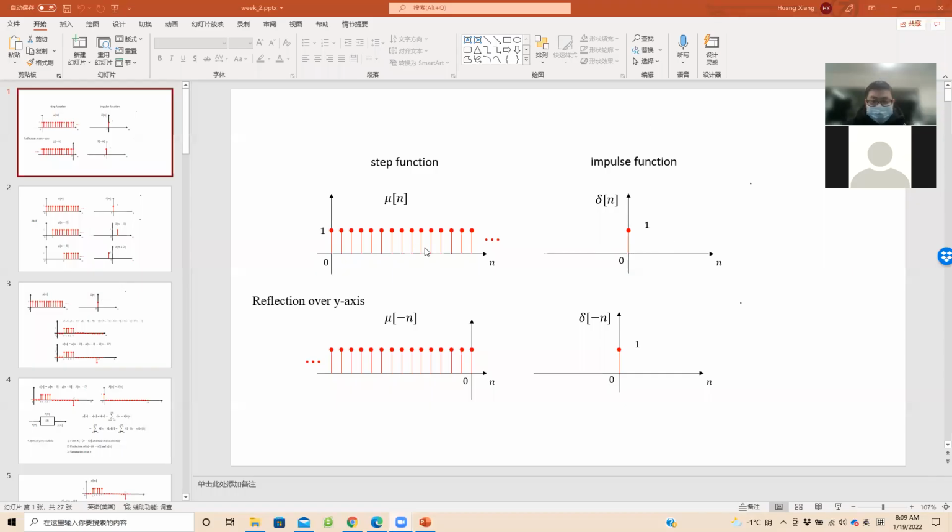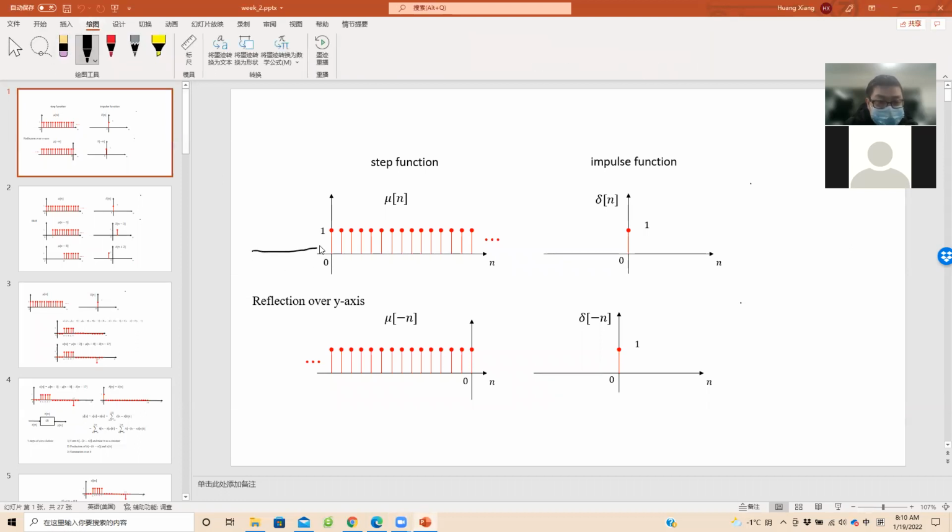Okay, so today we will talk about the convolution. And firstly, we need to know how to generate some simple signals. There are two basic signal functions, the step function and the impulse function. For the step function, if n is greater than or equal to 0, the function value is 1.